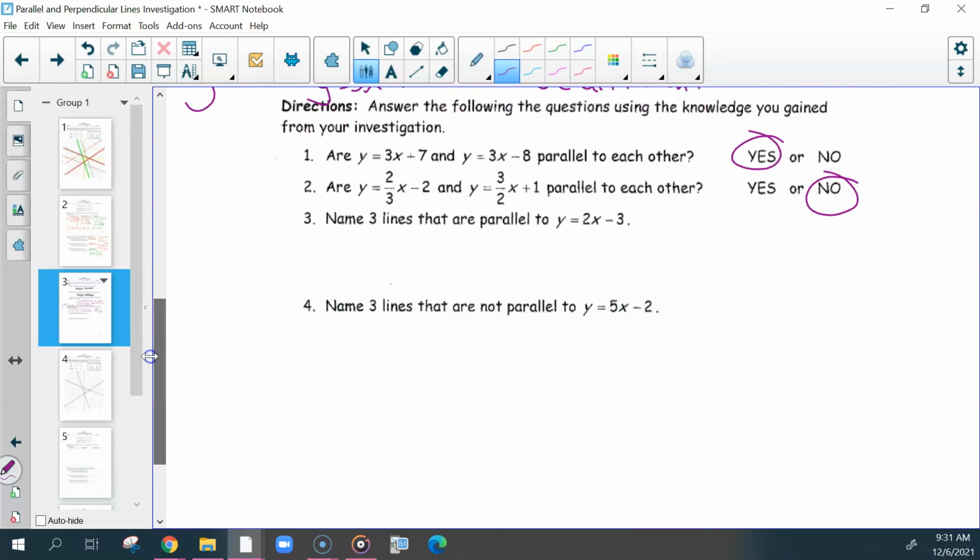Okay. Someone give me one example they used for a parallel line for y equals 2x minus 3. Y equals 2x plus 2. And I need one more.